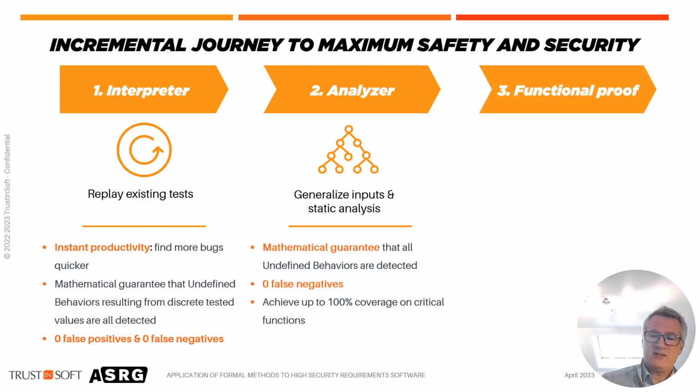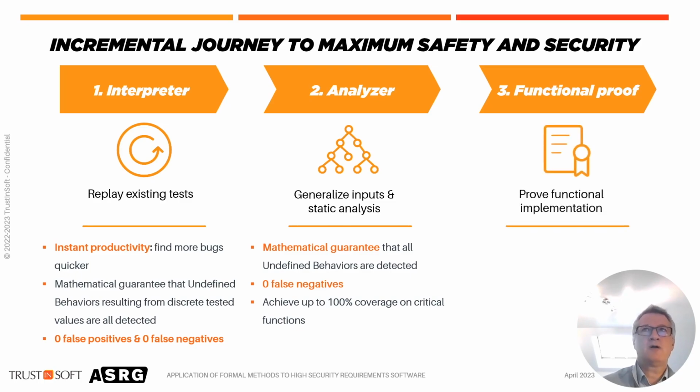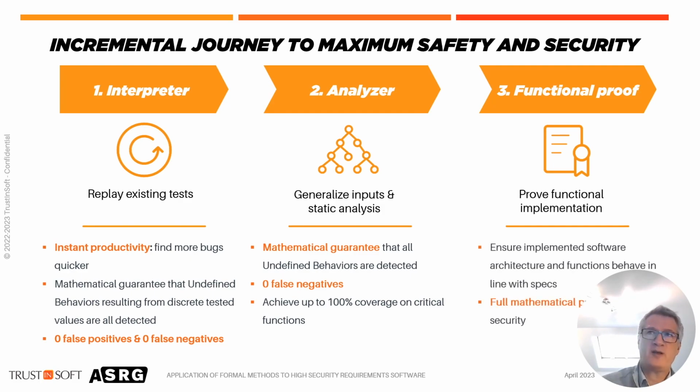Once you have done that, there's, let's say, the golden solution, that is functional proof. That's a superset of the technical proof. This is quite interesting for supercritical software, but also quite demanding. There's a human investment in terms of specification that's necessary for this step, which is much higher than the first 2 levels.